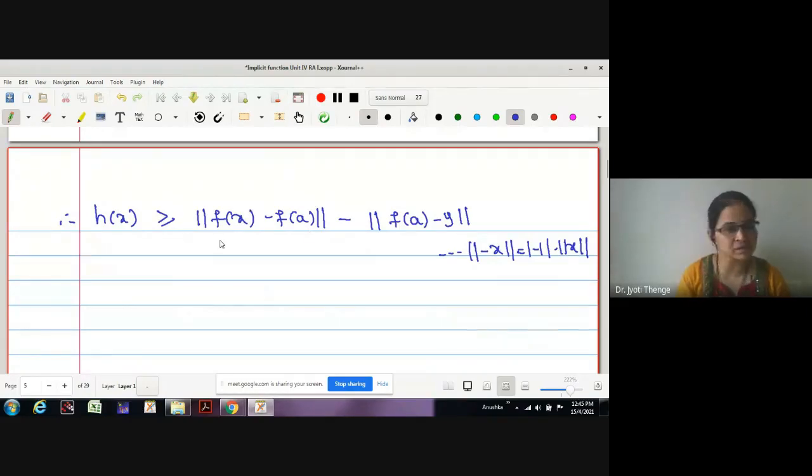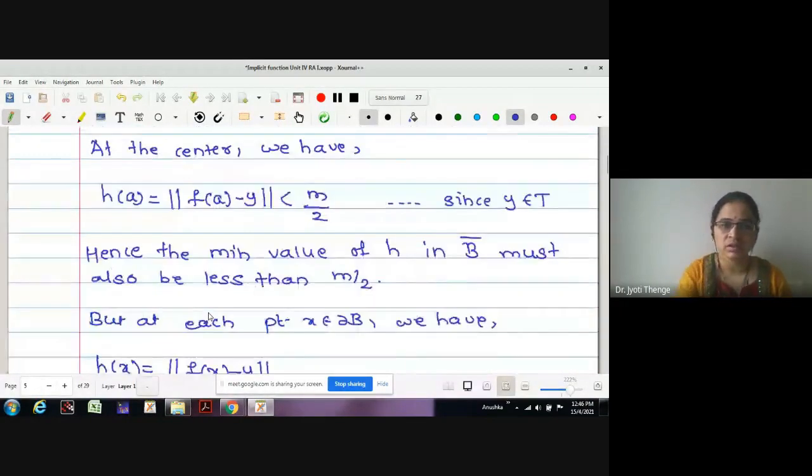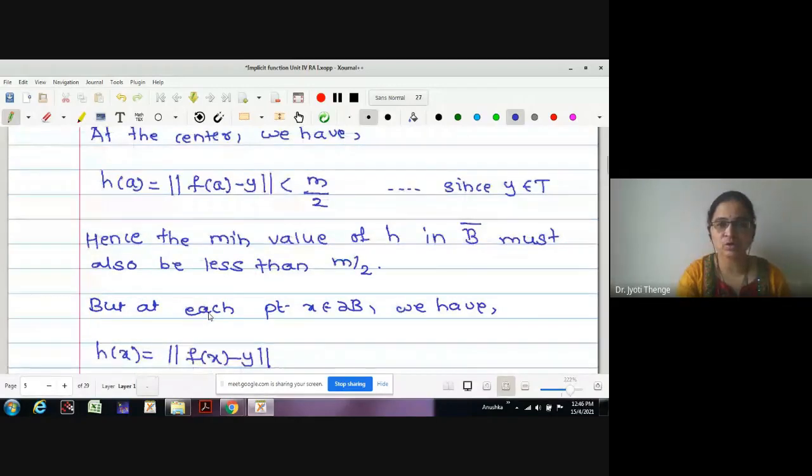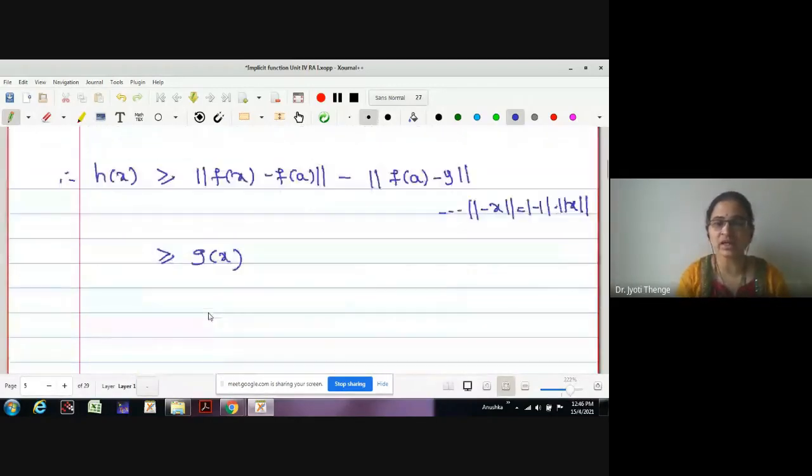What is fx minus fa? This is our function g, no? And what is norm of fa minus y? We have found it is less than m by 2. What about the negative quantity? Negative norm of fa minus y, is it greater than minus m by 2? Therefore, may I write this as strictly greater, not greater or equal.